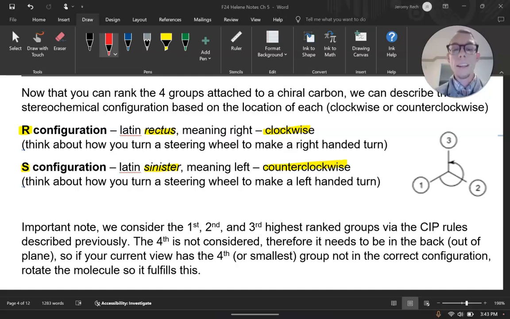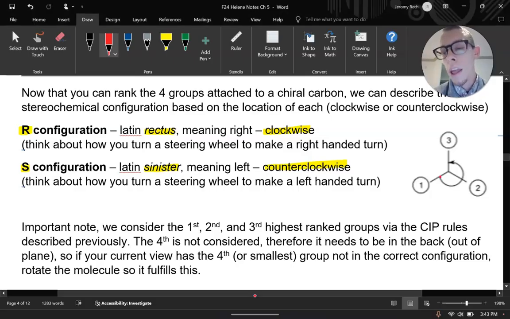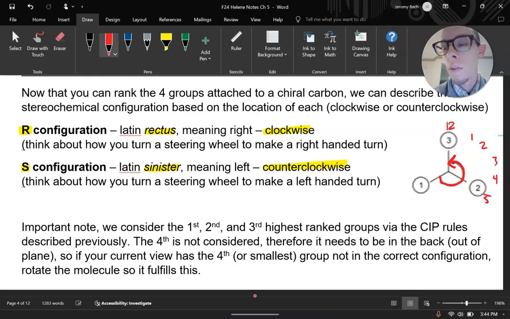Once you get it in the back, and we'll talk about that in a second, we're just going to draw a connection from our 1st group to our 2nd group to our 3rd group. So here, where we have 1, 2, and 3, as we go around, this is in the opposite direction of a clock. Normally a clock would go 12, 1, 2, 3, 4, 5, 6, and so on.